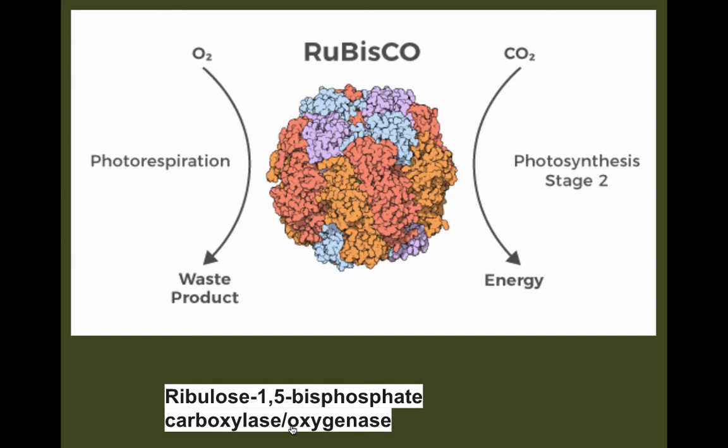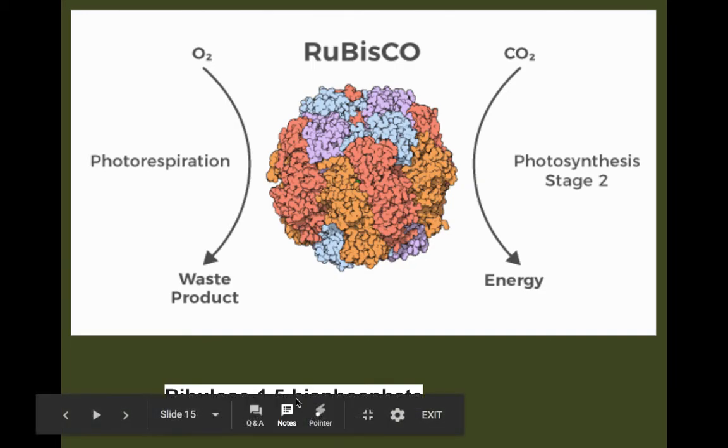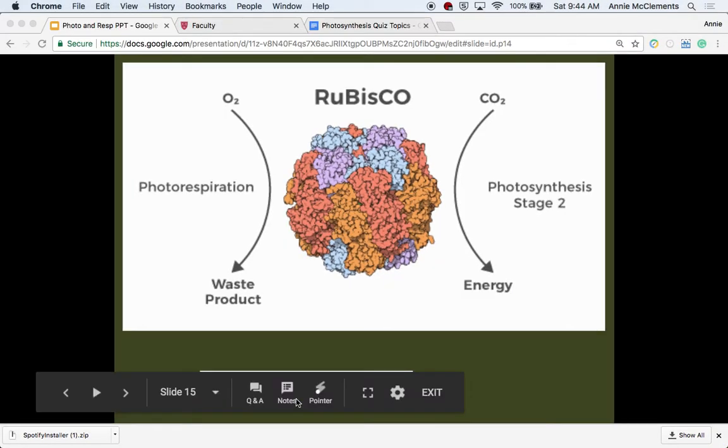However, despite being so abundant and so important, rubisco is an imperfect enzyme, okay? And the reason that it's imperfect is because of this carboxylase and oxygenase, the thing that comes before the A's here in the way that it's written.